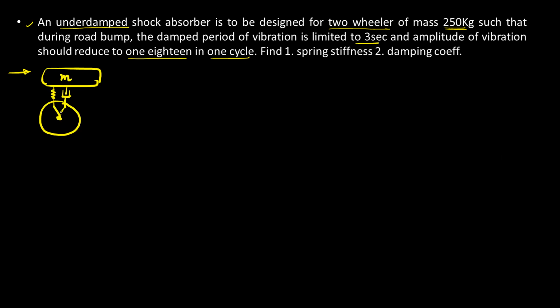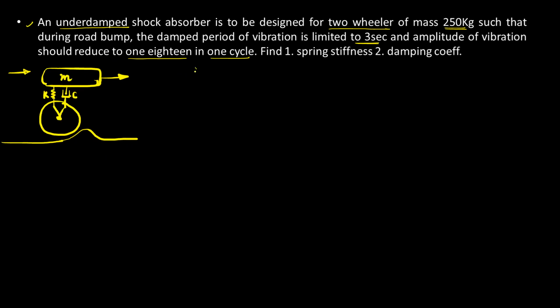So here I have shown damper and spring separately. So this is K and this is C. Okay. So once it passes over a speed breaker, this mass will start vibrating, and for that vibration, the amplitude, that is the initial displacement, it should reduce to 1/18 in one cycle.